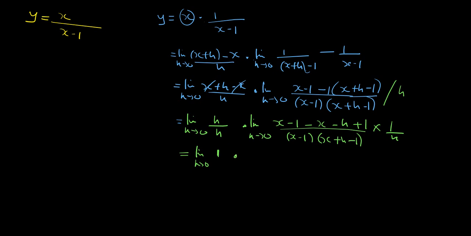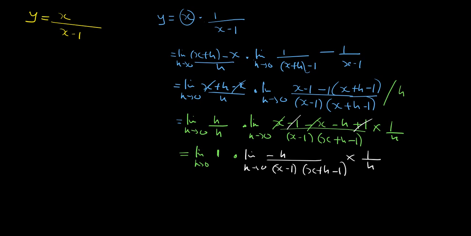Then from there, we can see this one and this one goes, and this one and this one go as well. So you are remaining only with negative h. So the limit as h approaches 0, remain with negative h over x minus 1 open bracket, x plus h minus 1, times 1 over h, like that.